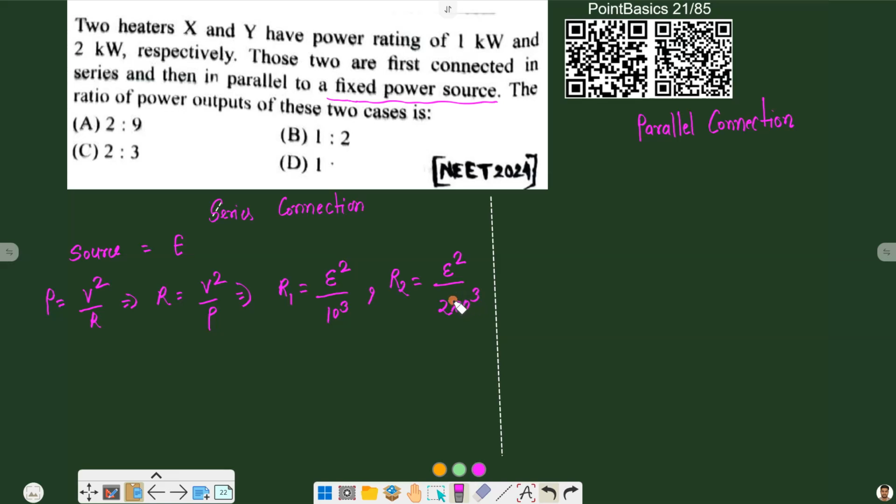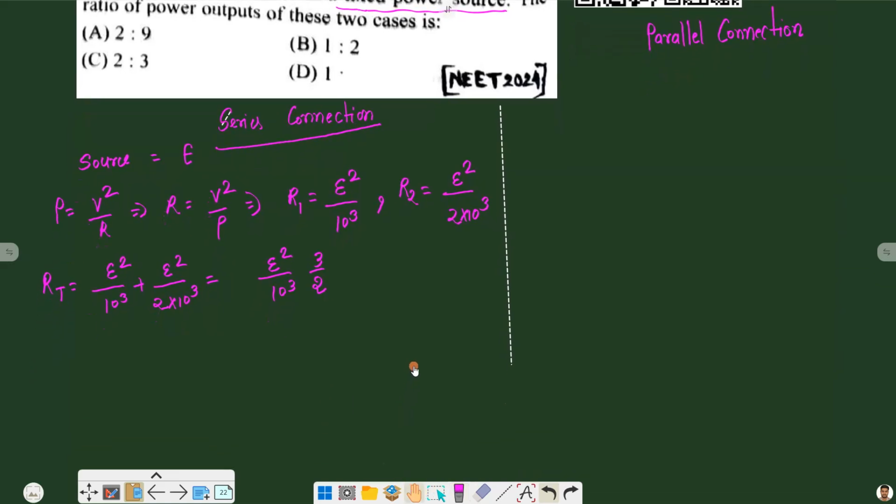Now when they are connected in series, the total resistance of the circuit will be their sum. So RT will be E square by 10 raised to power 3 plus E square by 2 into 10 raised to power 3, and we will get E square by 10 raised to power 3 times (1 plus half), that is 3 by 2. So we have the resistance. As we have a series connection, we know that current is constant.